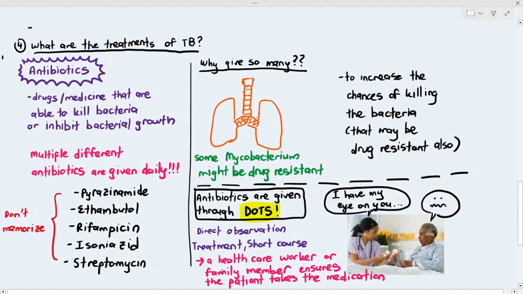So we don't want that to happen. So in hospitals, when patients with TB are given antibiotics, the nurse or the doctor has to stand in front of the patient and make sure that the patient eats it and swallows it.